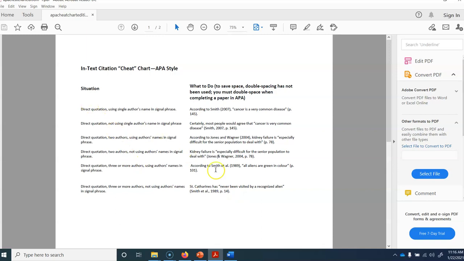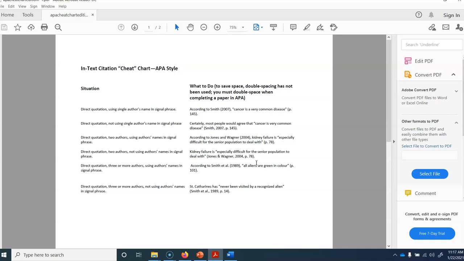Okay, so these 6 situations and 6 examples give you everything that you need to be able to handle direct quotations when you have everything from 1 through to 1,000 or more authors. All you need to do is keep that pattern in mind.